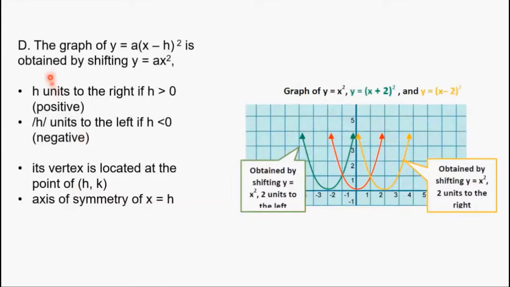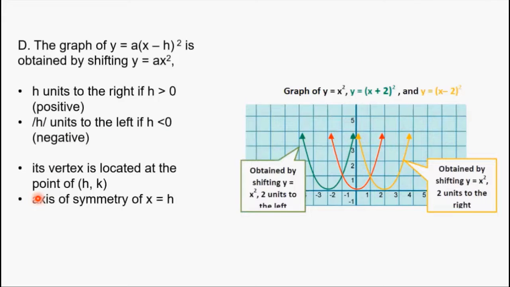Next naman natin, the graph of y is equal to a times the square of x minus h is obtained by shifting y is equal to ax squared, h units to the right if h is positive, and the absolute value of h units to the left if h is negative.